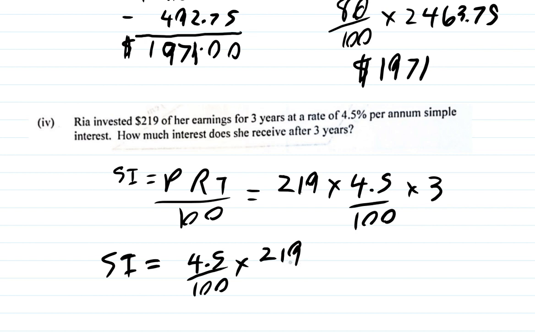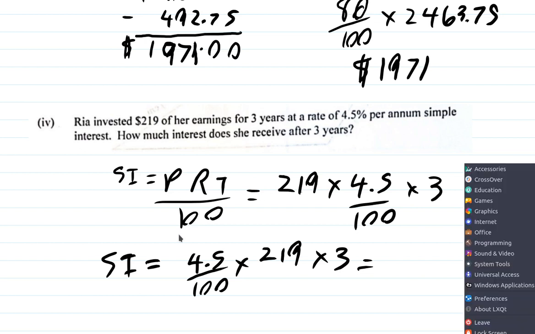And in this case, with simple interest, whatever interest you get is separated. It's not put back into the money. It's going to be the same thing repeated in year 2, then the same thing repeated in year 3, and so on. So this will happen 3 times. So that's how the formula came in. Alright? So 4.5 over 100 times 219 times 3.